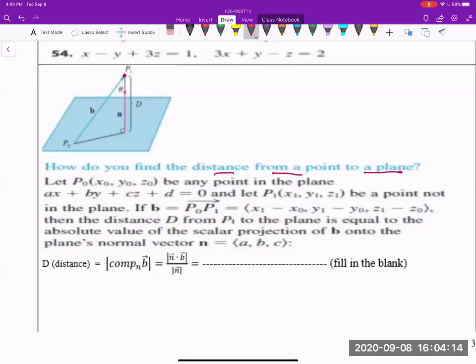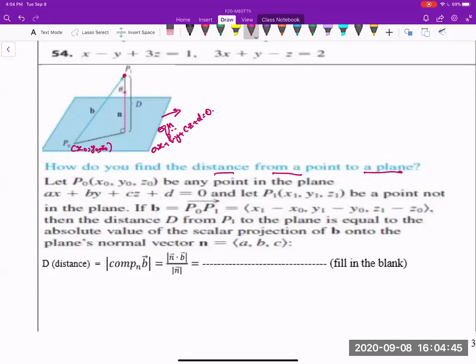Let P0 be (x0, y0, z0), which is this point, and be any point in the plane ax plus by plus cz plus d equal to 0. The equation of the plane is given, which is ax plus by plus cz plus d equal to 0.